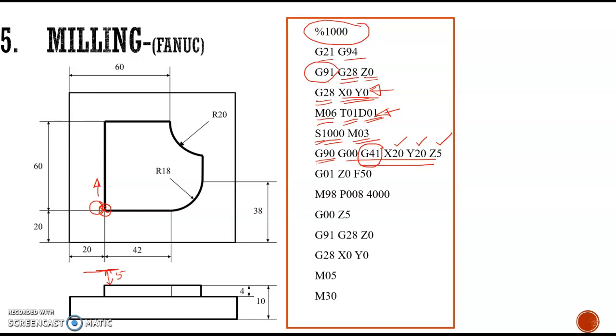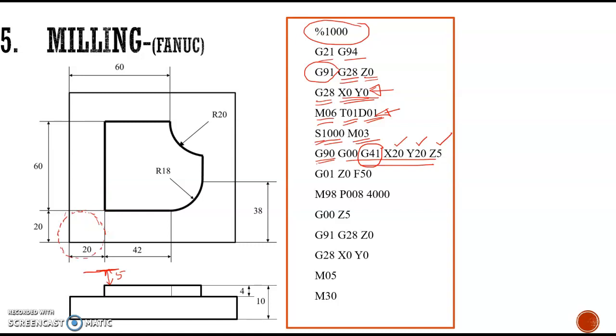Then since we have given the offset, the tool is not coming exactly to this point, it is offsetted from that point, and it will be coming somewhere here. We are not mentioning the diameter of the tool. Most probably we are using an end mill, and it will be coming like this.